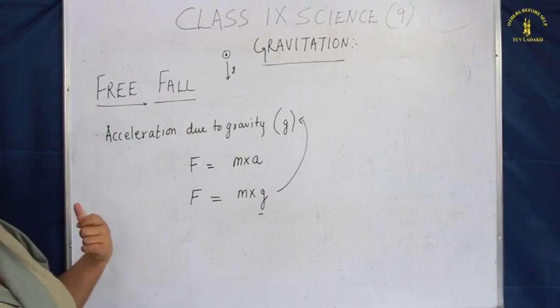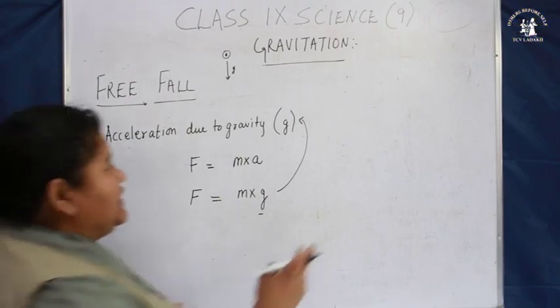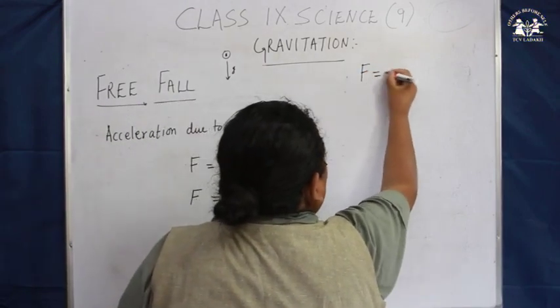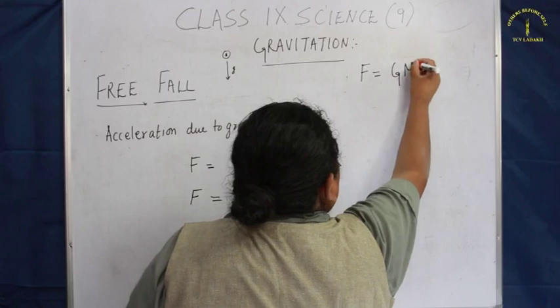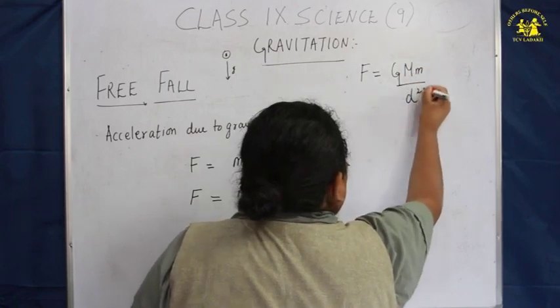Now using the mathematical expression for the universal law of gravitation, we have force is equal to G capital M into small m divided by d square.